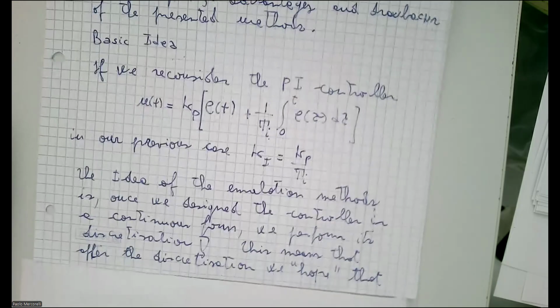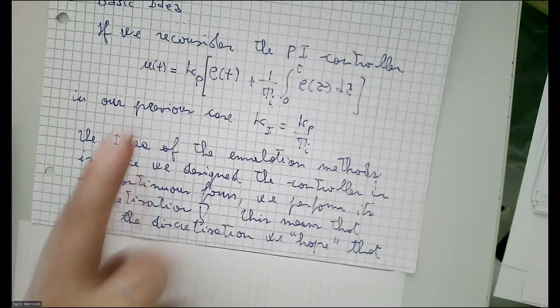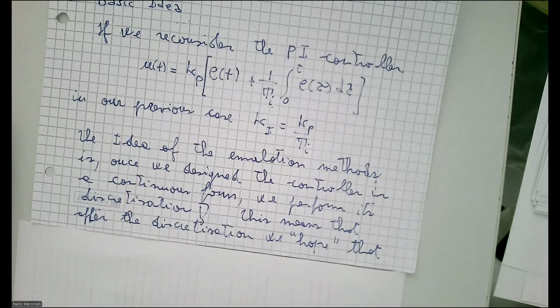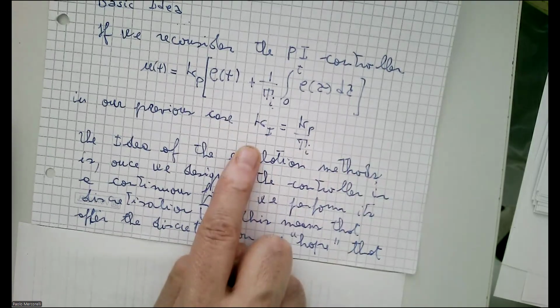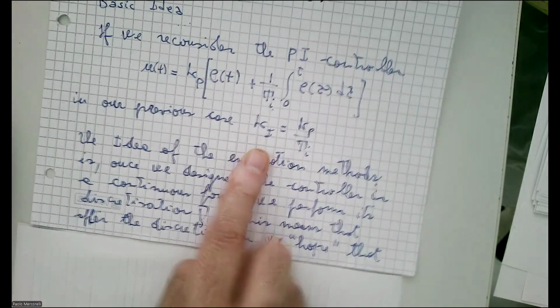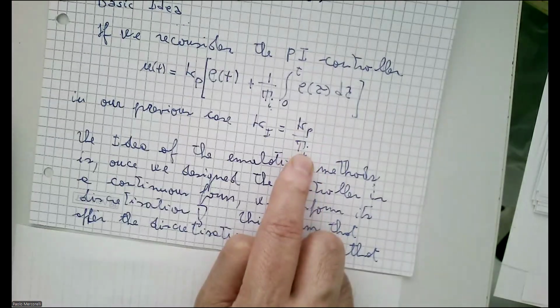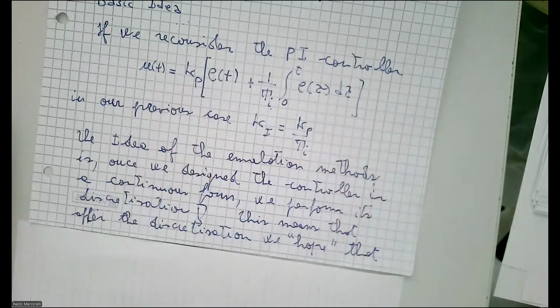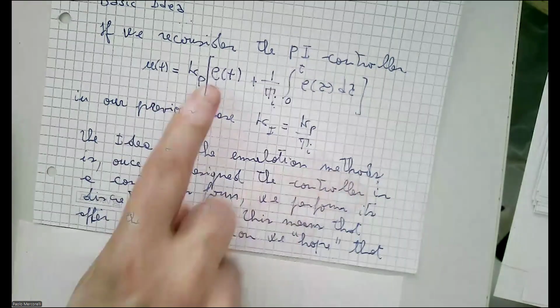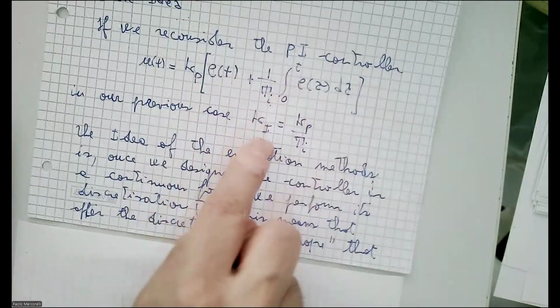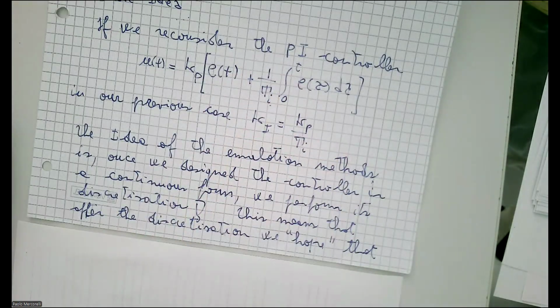Okay, here is the form of our PI control in which the KI control parameter is KP divided by TI in this form here, but this depends on the books, on the literature. KP is exactly KP for the proportional part, and until now we have seen KI for the integral coefficient.